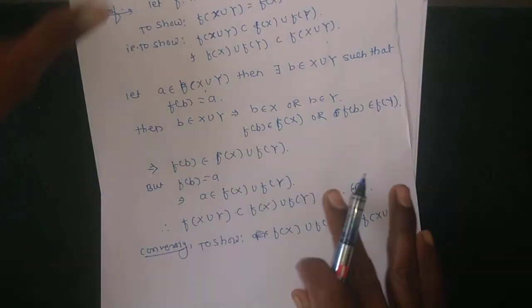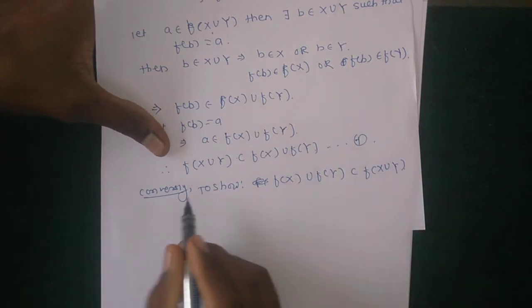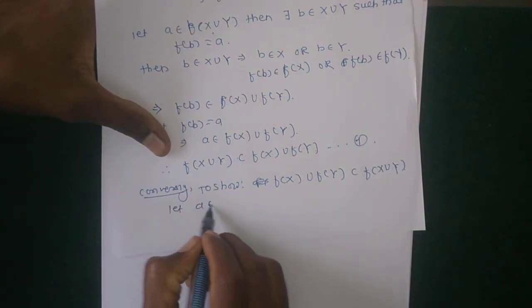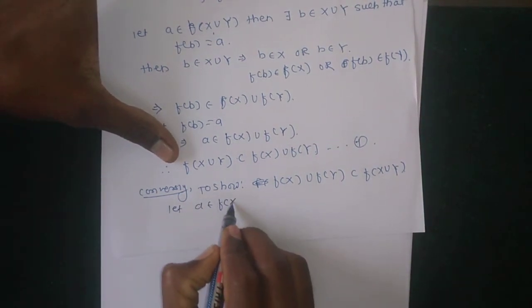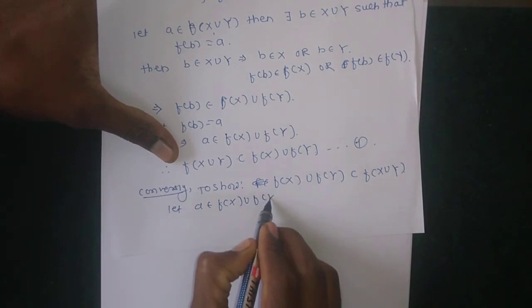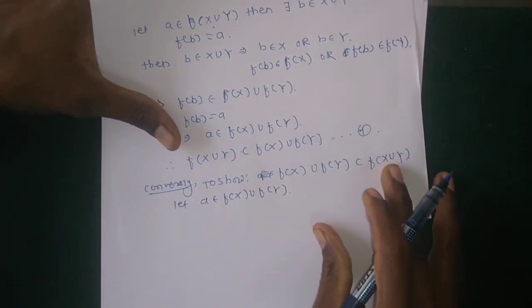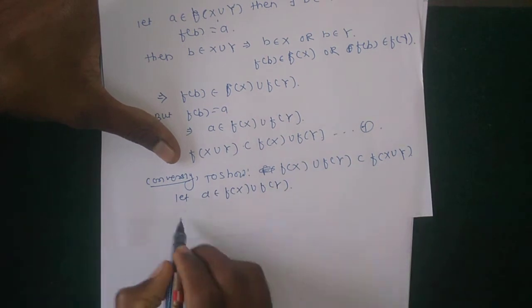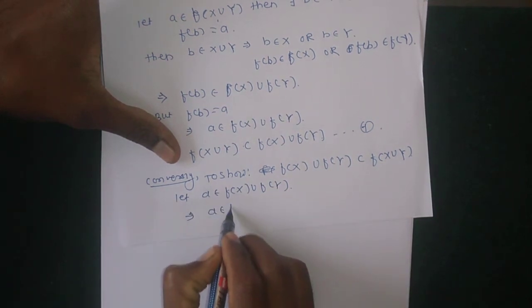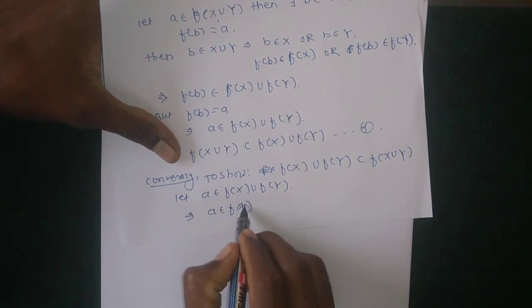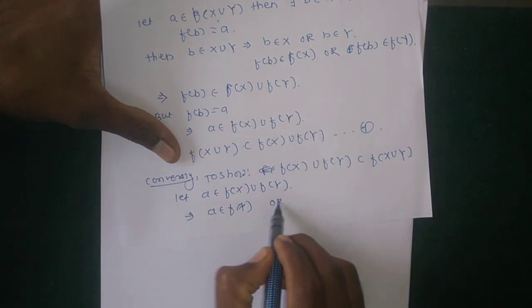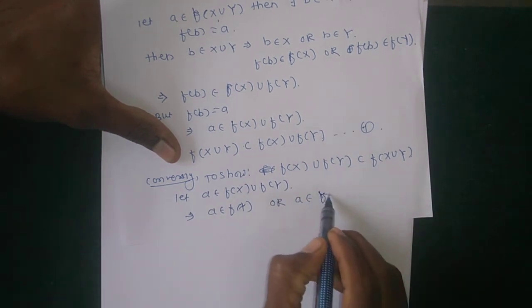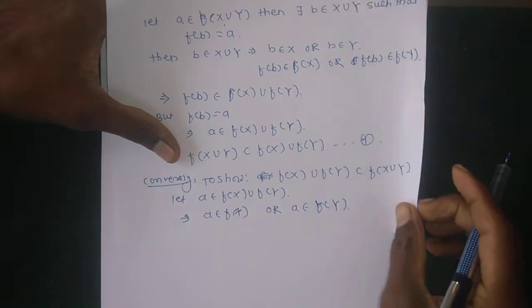Proof of the other part here. Let a belongs to f of x union f of y, which implies that a belongs to f of x or a belongs to f of y.